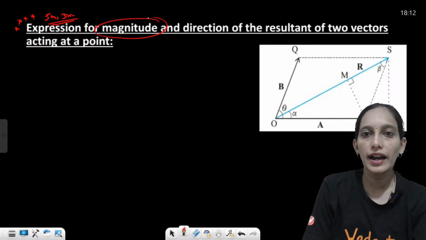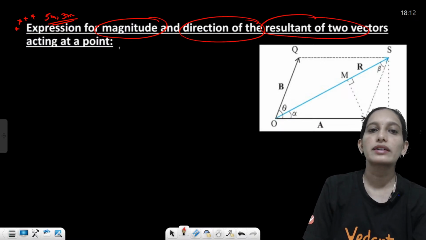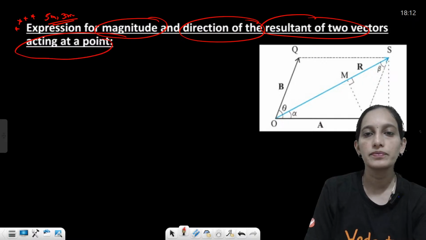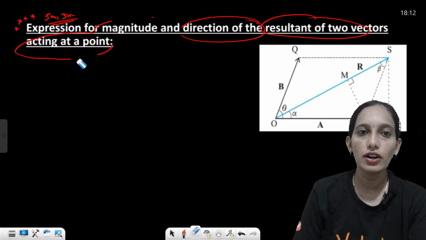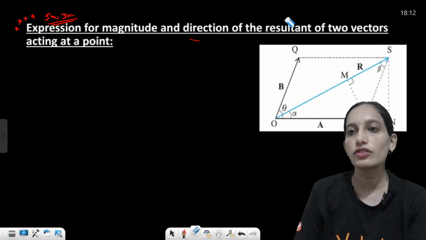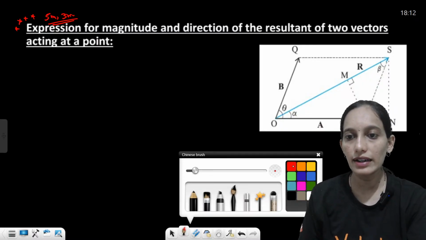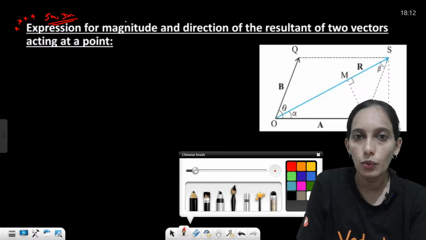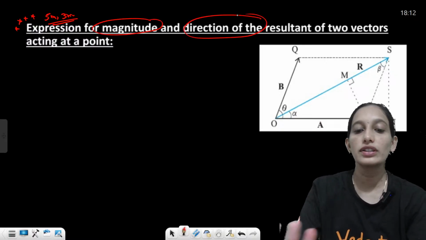Expression for magnitude and direction of the resultant of two vectors acting at a point. So we are trying to find the expression for the magnitude and direction of the resultant vector of two vectors acting at a point.